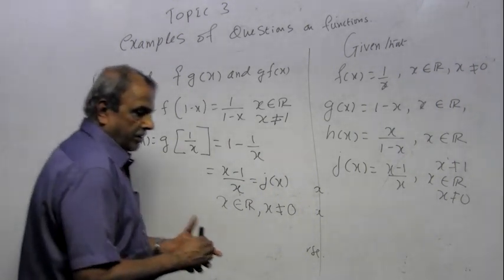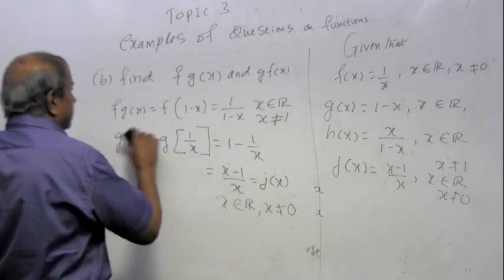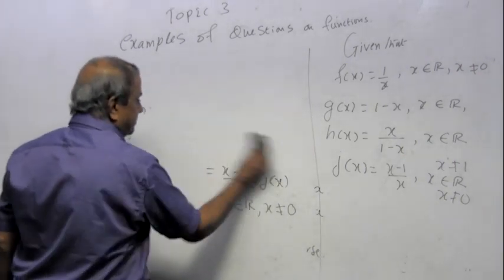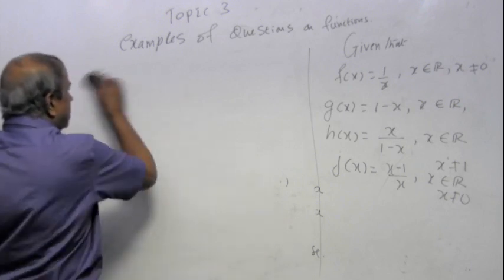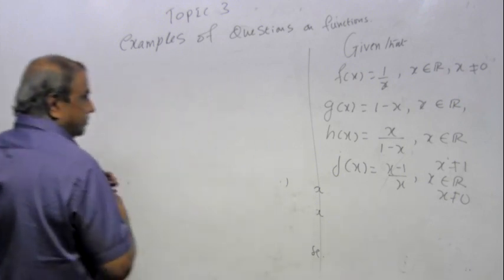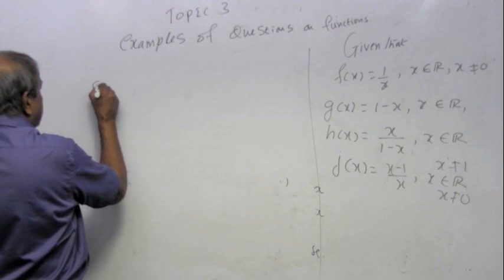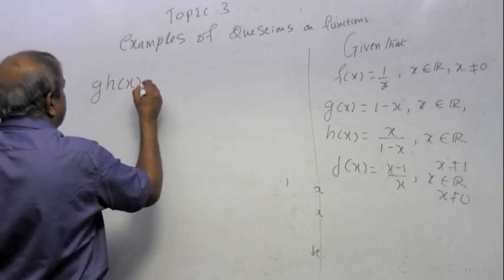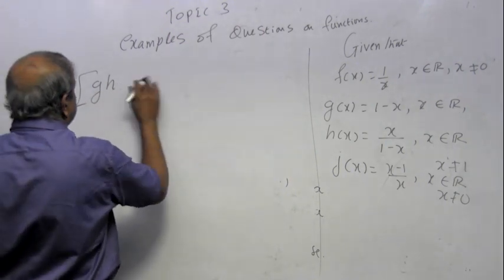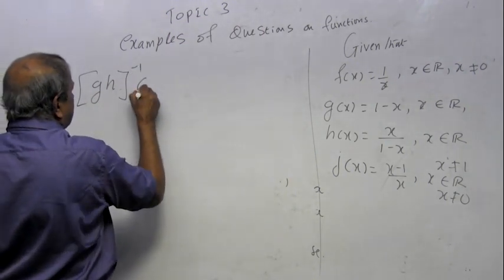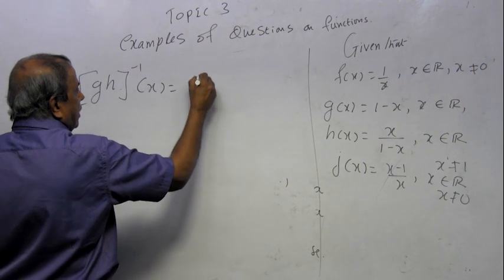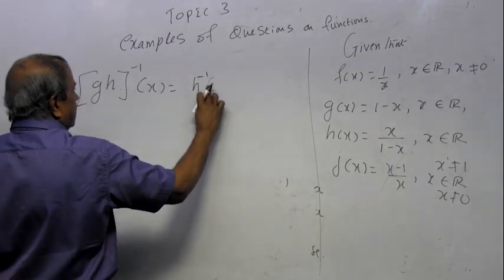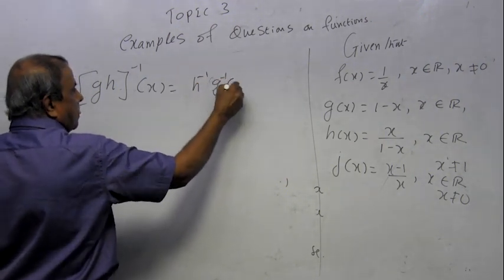Then, the last bit says, show that gh inverse of x equal to h inverse g inverse of x.